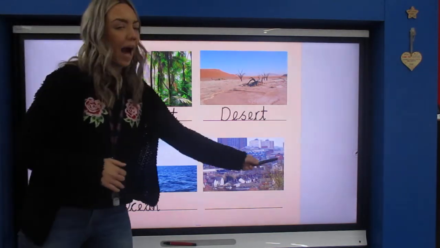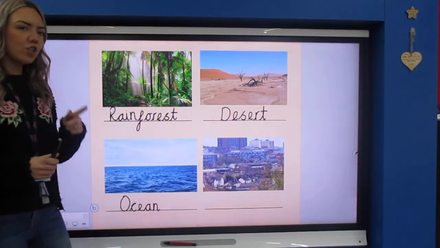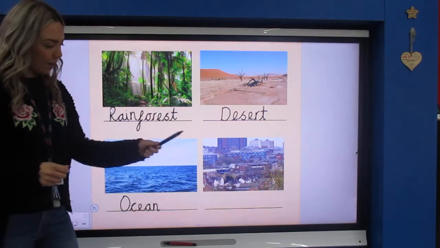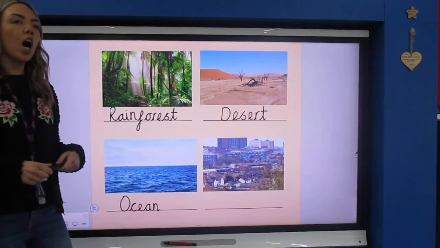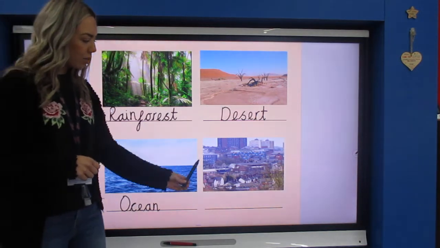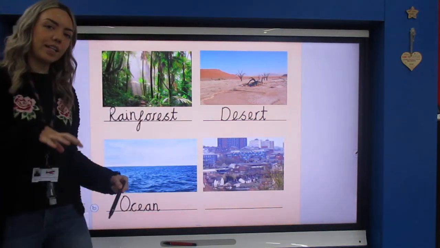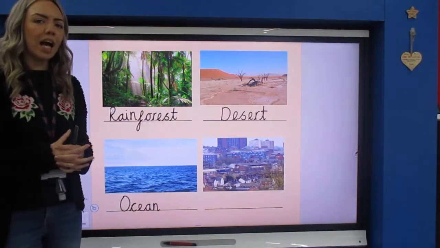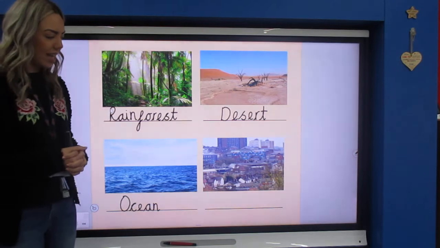Now the last one might look a little bit familiar. That means you might recognise it, you might know where this picture is. This is a picture of Stoke-on-Trent. So thinking about Stoke-on-Trent, that's the place where we live, what kind of habitat would we say that this is?